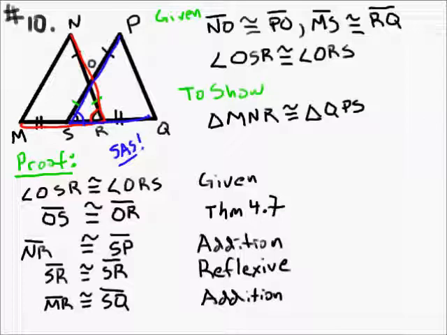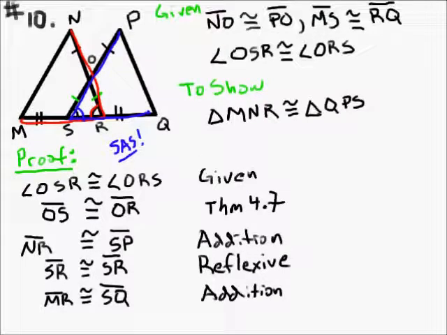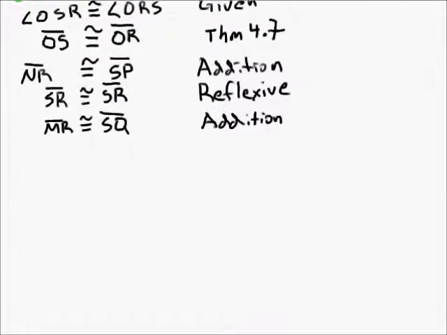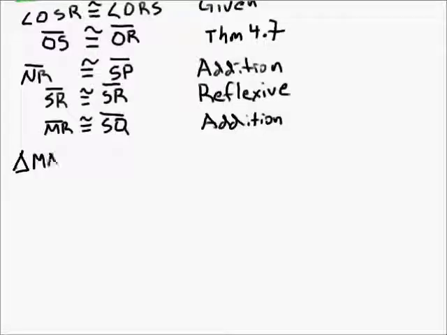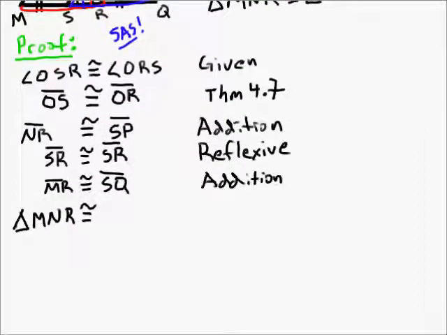So we'll just continue on in our proof here, and that would be triangle MNR is congruent to triangle QPS.